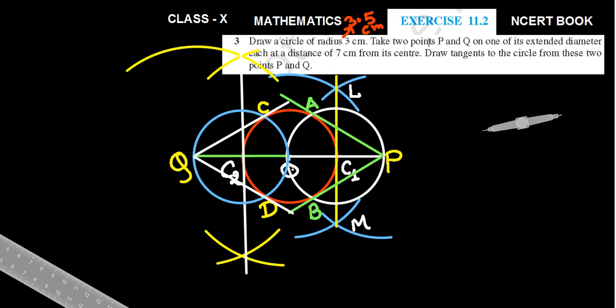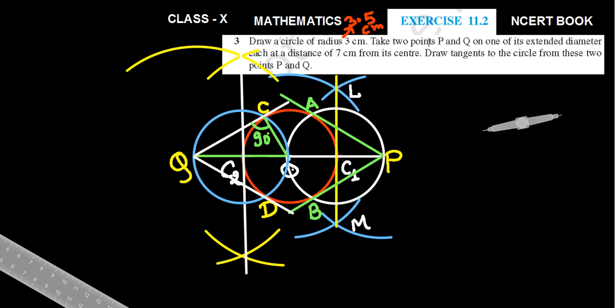We have to just join OC, and you know QCO is in this semicircle, so obviously it will be a right angle triangle, that is 90 degrees, and hence you will say QC and OC are perpendicular to each other.